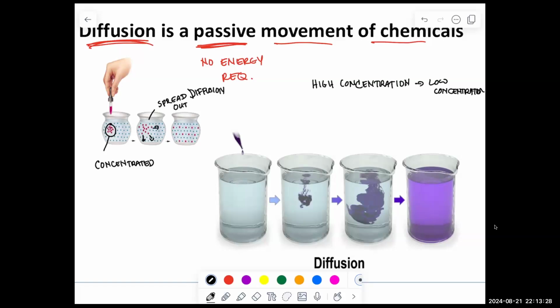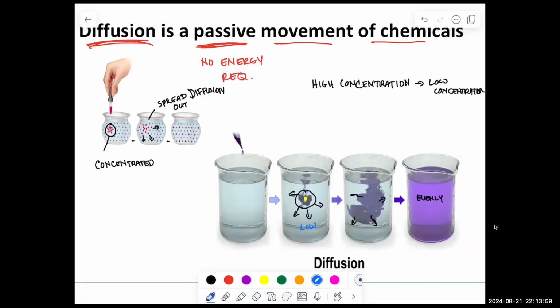So when you put a drop of dye in, over time that dye is going to spread out. It will continue to spread out until it is evenly distributed, so that every area in that beaker is the same concentration. It started here in the center where the concentration was really high, and it's going to where the concentration was low.